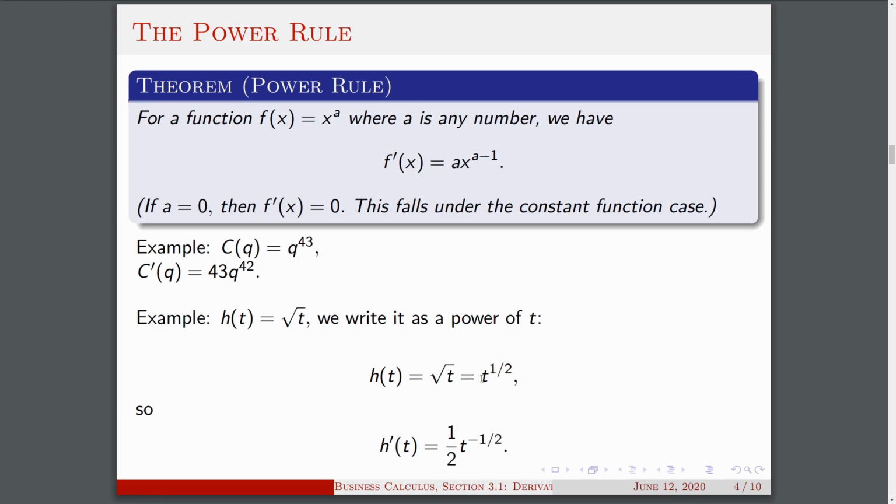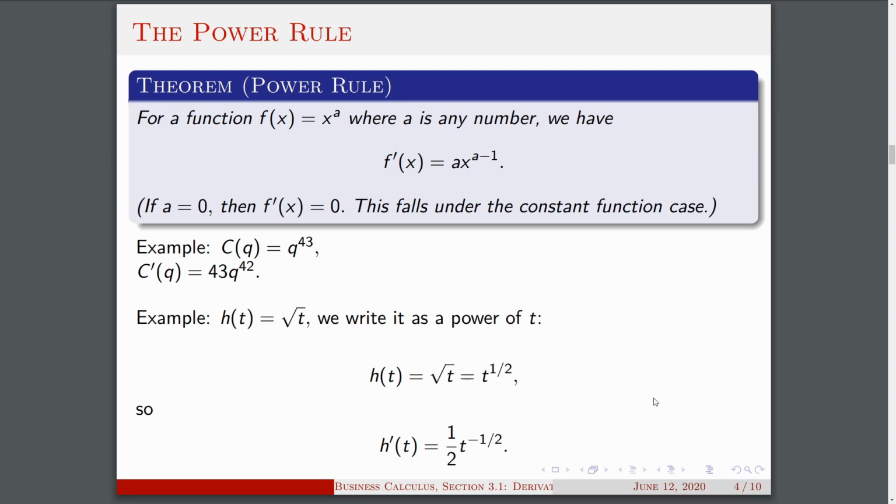So square root t is t to the 1/2. And now I can apply my rule. That exponent comes out in front, so that 1/2 comes out in front. And then we subtract 1 from the original exponent. So instead of 1/2, we have 1/2 minus 1, which is negative 1/2.